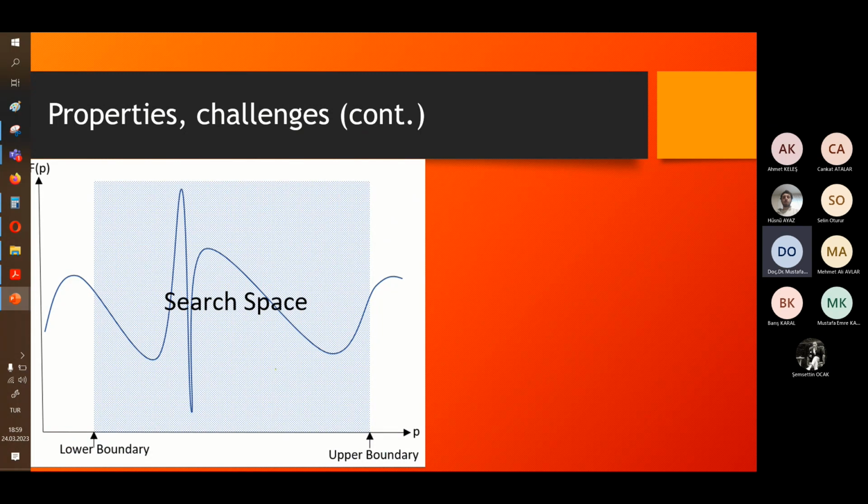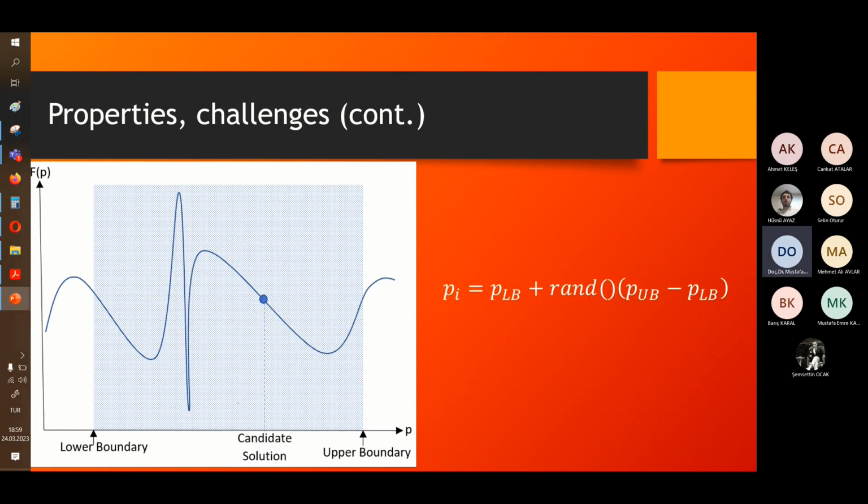Rather than dealing with the whole problem domain, we will be narrowing down the search space. This way, we may reach the best solution in a shorter time. The wider the search space, the longer time it will take to calculate.